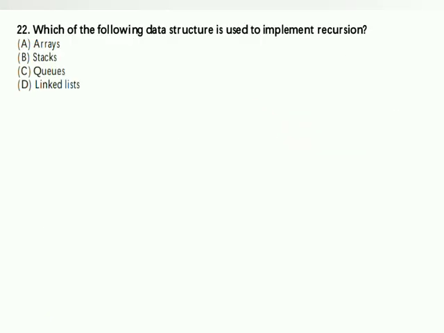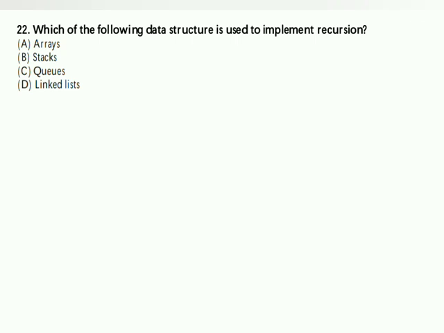Which of the following data structures is used to implement recursion? So we use the stack to implement recursion. Why? Because stack follows the last in first out principle, whereas the queue works on the first in first out principle.